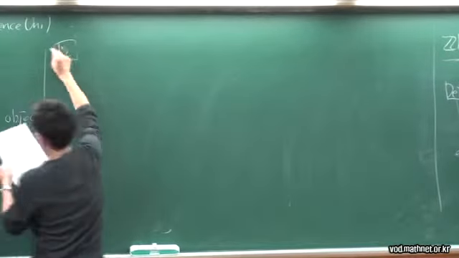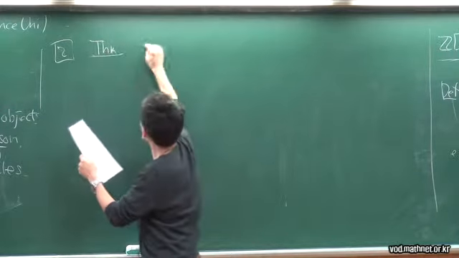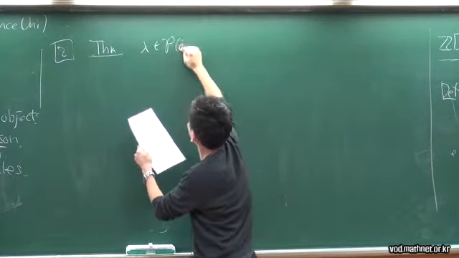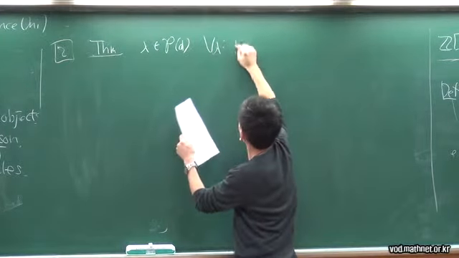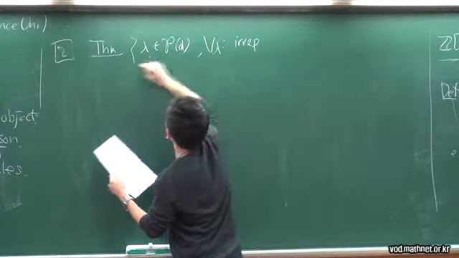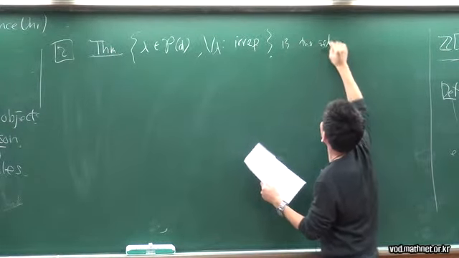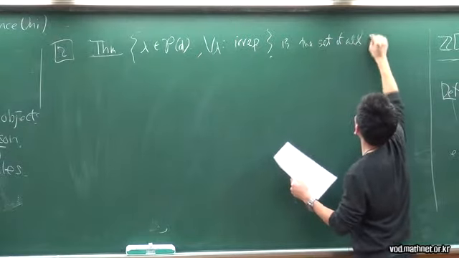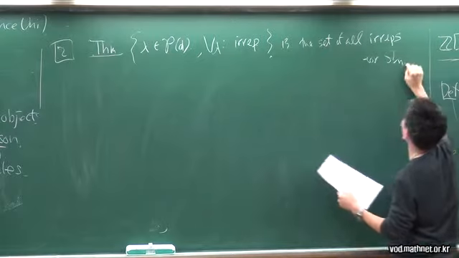All right, so let's move on. It's number 2, representation theory. Let me just cite one theorem. For each partition, you can construct a representation, and this gives the set of all irreps for SL_N.